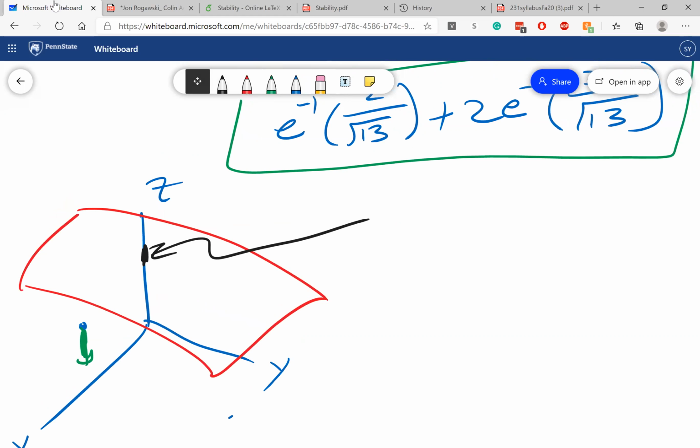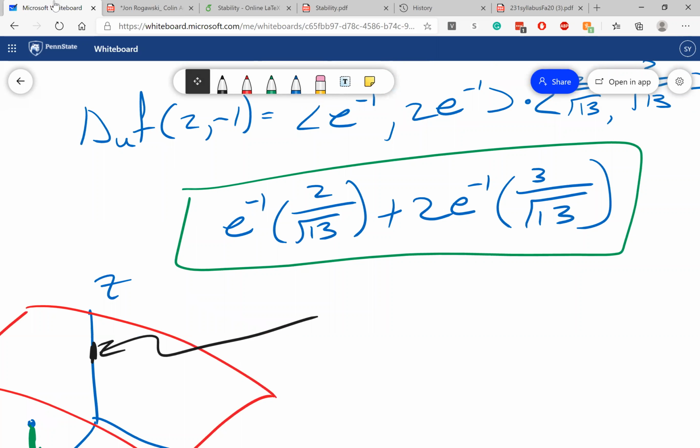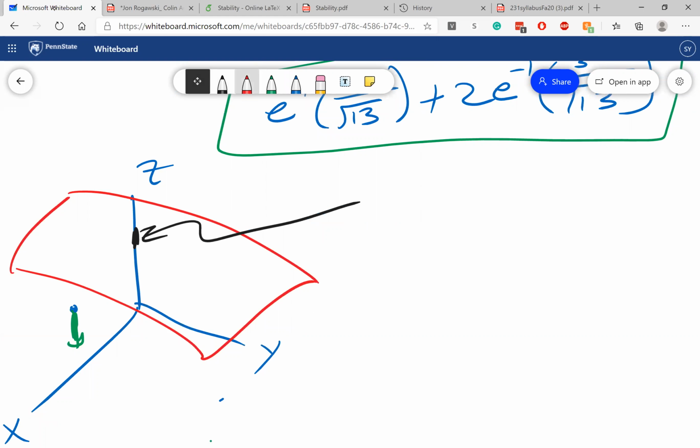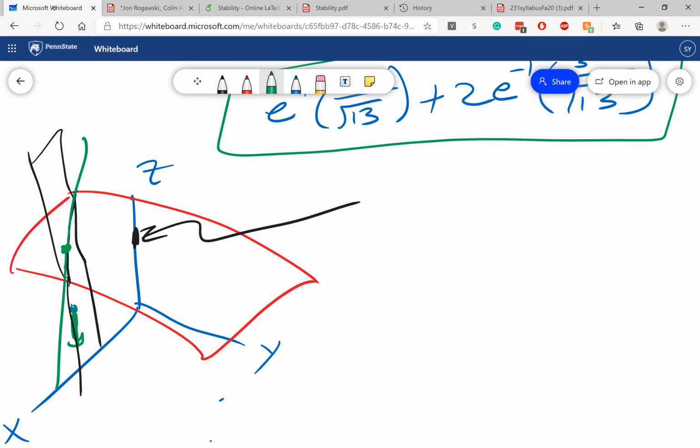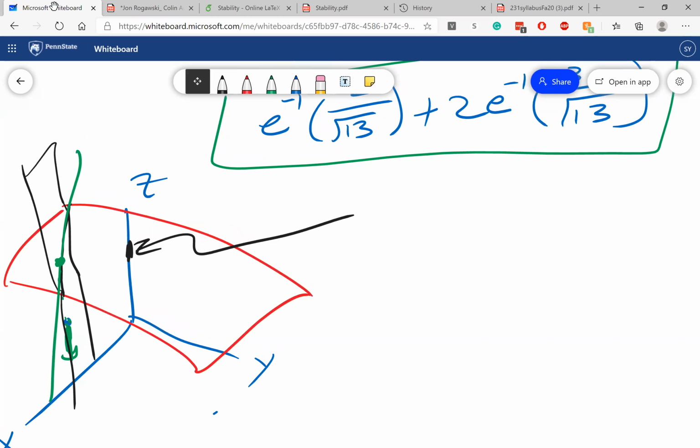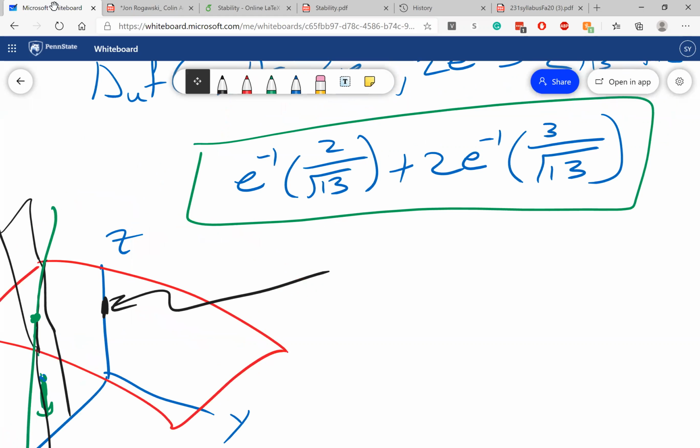In other words, if I took a plane and I cut through over here, like that, okay, not a great picture. Let's go like this. Here's my plane. Then my tangent line at this point will have this slope. Any questions about that?